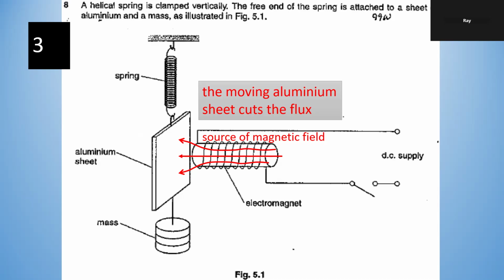Critical damping means no oscillation. It just displaces and then comes back to rest. That's critical damping, no oscillation.